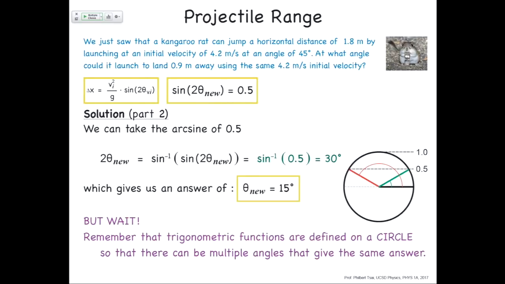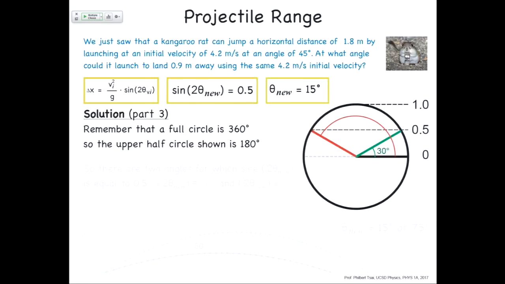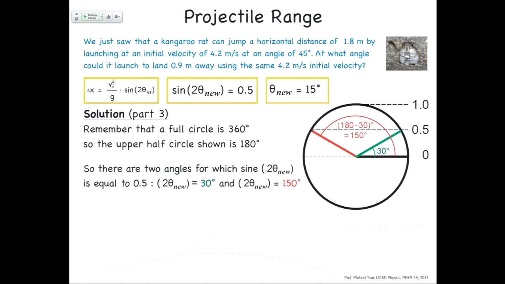But if I take this other angle over here, 180 minus 30 degrees, that also has a rise of 0.5 and a run of negative 0.866. So not only is 30 degrees an answer for this, but so is 180 minus 30, which is 150.